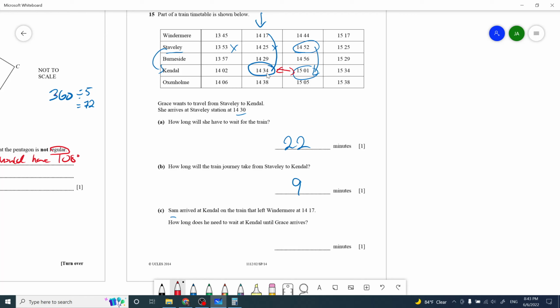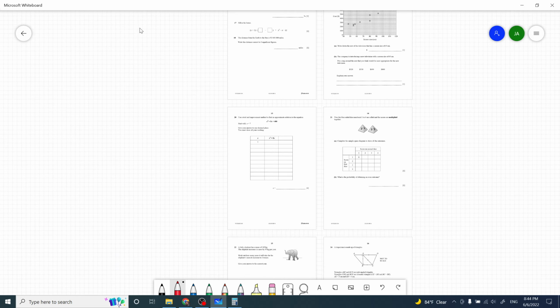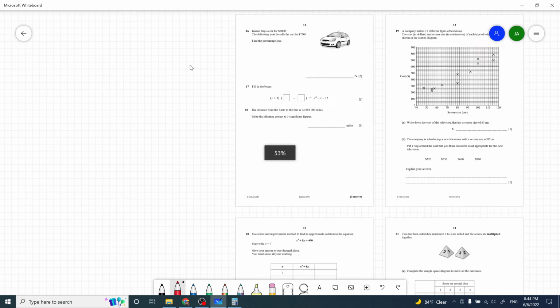The way I recommend this, try to find the distance to the closest hour, so to 3 o'clock, or 15:00. That would take us 26 minutes, and then this is more than that, so we're going to add 1 more minute. He's going to be waiting 27 minutes. Moving on down, just a few more pages left.